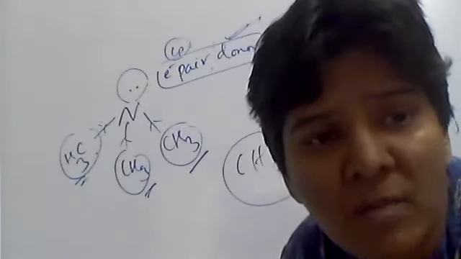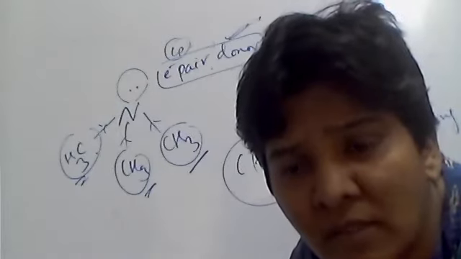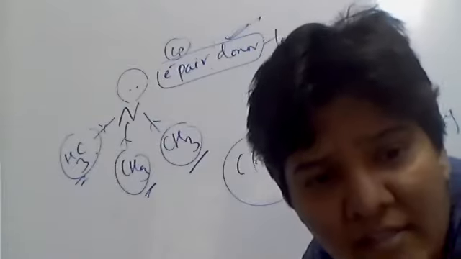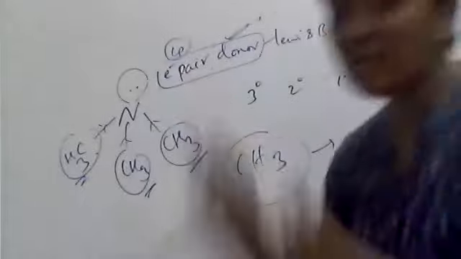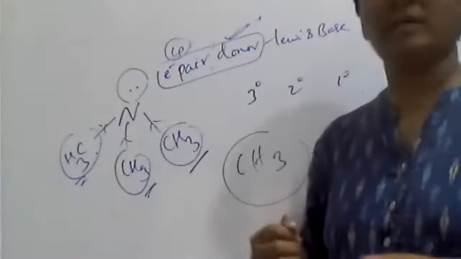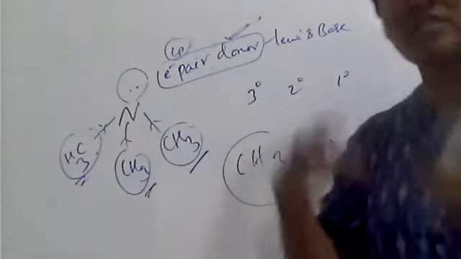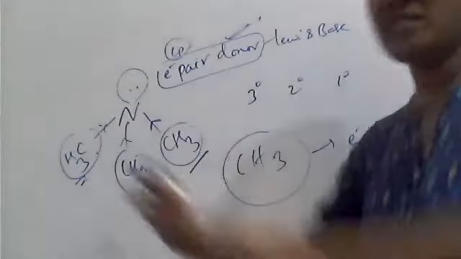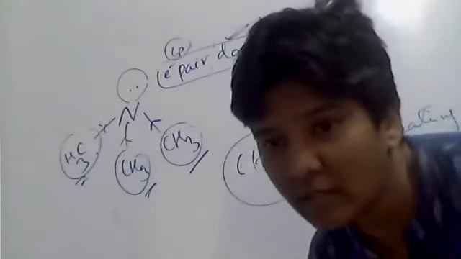This sigma bond is moving towards the nitrogen. Tell me, beta, why is this sigma bond moving towards the nitrogen? Because nitrogen is electronegative. Nitrogen takes electrons from carbon because carbon is less electronegative than nitrogen. It is the nature that the bond always moves towards the electronegative atom.